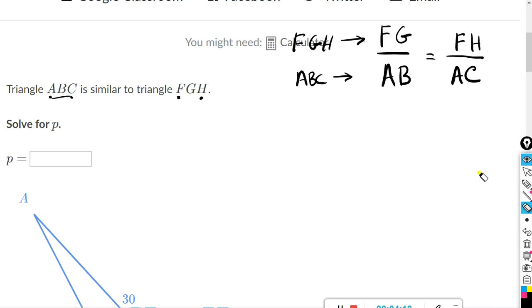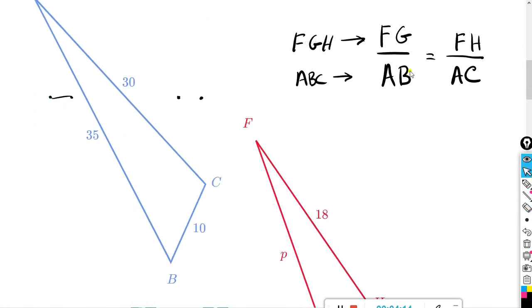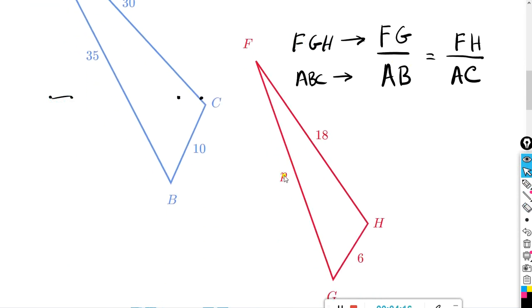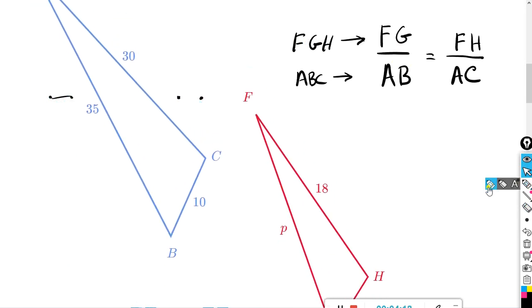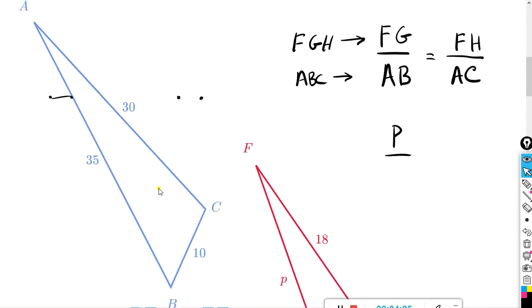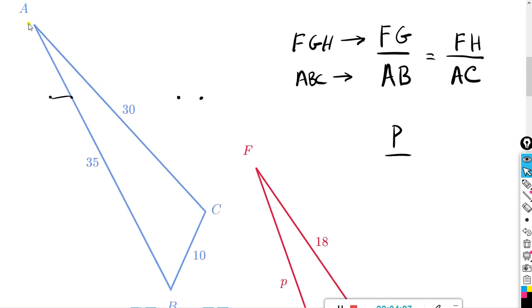Now at this point, we can just fill in the lengths of each one. FG was the missing one, that's P. On the other triangle, AB, from A to B, is 35.